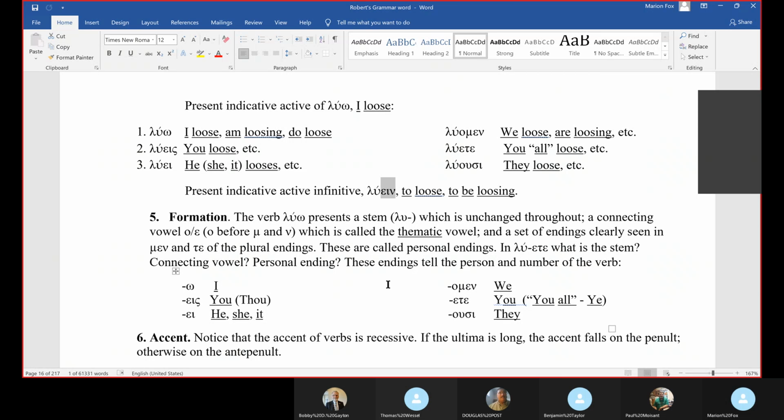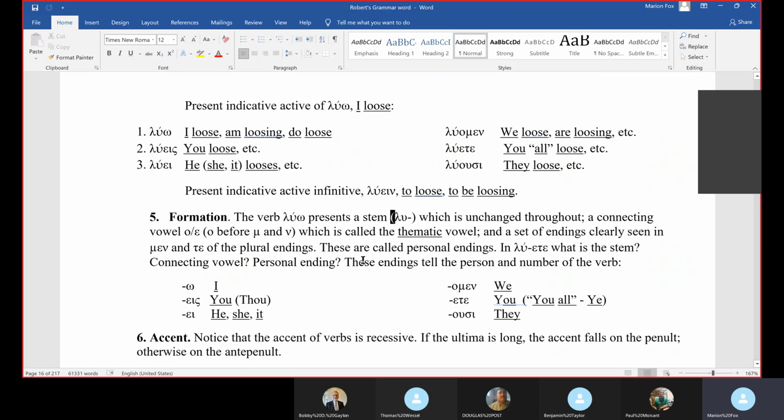Okay. Now, your basic stem here is lu, as we see down below, which is unchanged throughout all of this, including the infinitive. And a connecting vowel, that connecting vowel will be either an omicron or an epsilon, an omicron before a mu and a nu, which are called thematic vowels, and a set of endings clearly seen in omen and ete in the plural endings.